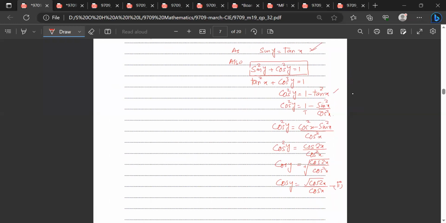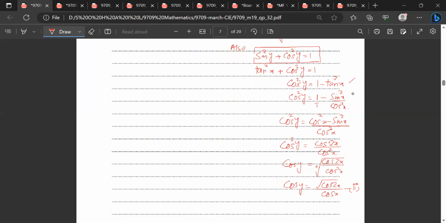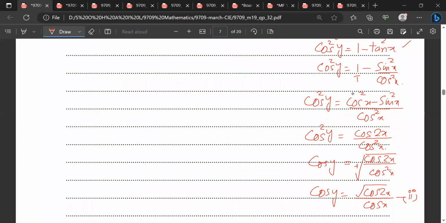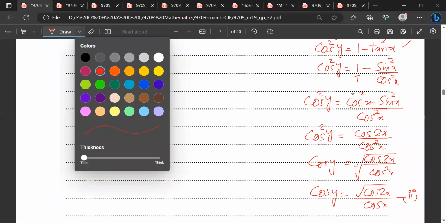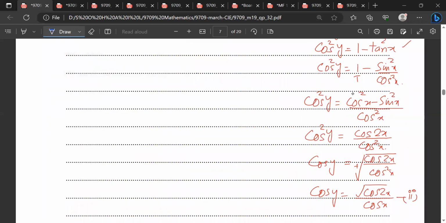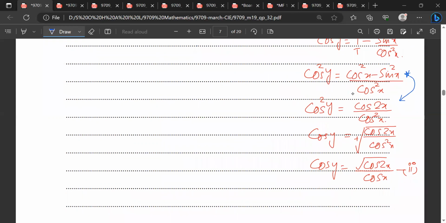By taking LCM here we have the double angle formula: cos square minus sine square is cos 2x. Then you take the square root, and we have the expression for cos of y.